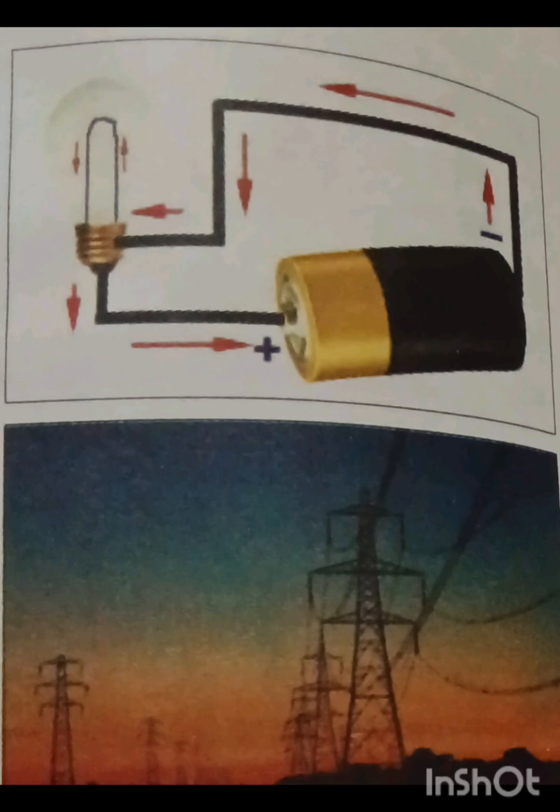This chapter introduces you to the basics of electricity and electric circuits. You will learn about the sources of electricity, the components of an electric circuit, and how circuits work to provide energy for various devices.